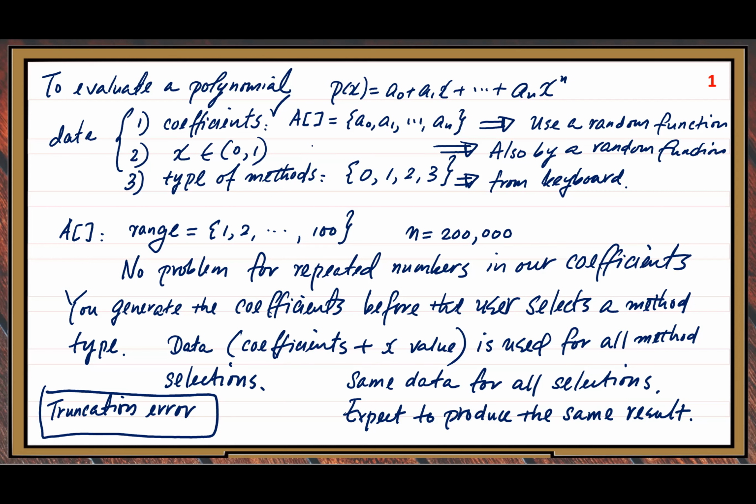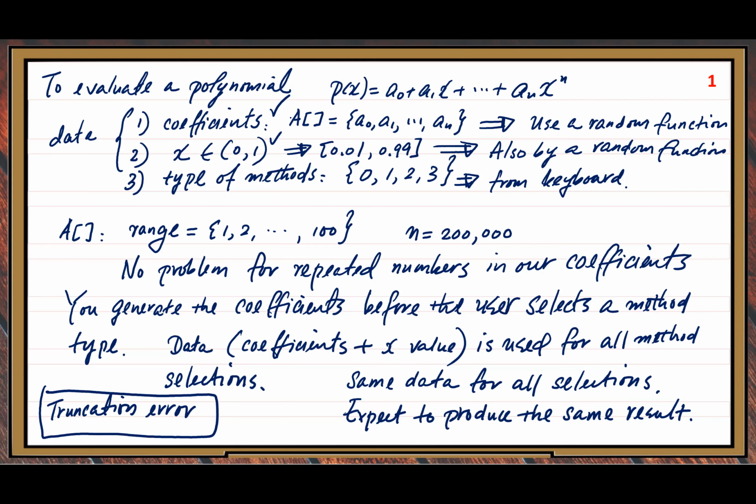Actually, in my description, I make a recommendation that we do not need to use too many zeros here. And 0.99, for example, in this closed interval, you can generate. That means the X value is also valid.